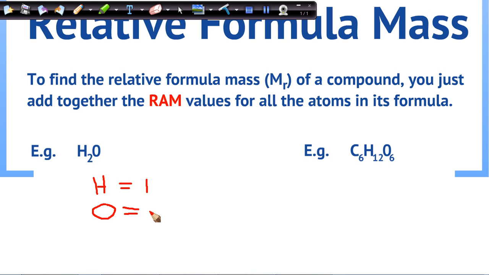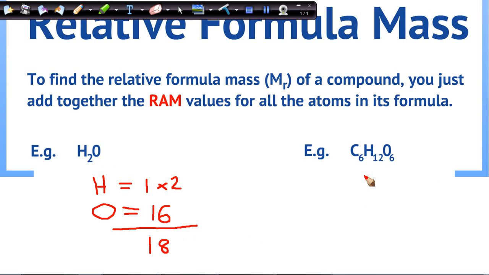Oxygen has an atomic mass of 16. So in this case, the relative formula mass for H2O, 2 hydrogens and an oxygen, means the total, so hydrogen times 2, means our relative formula mass is 18. So the relative formula mass of H2O is 18.